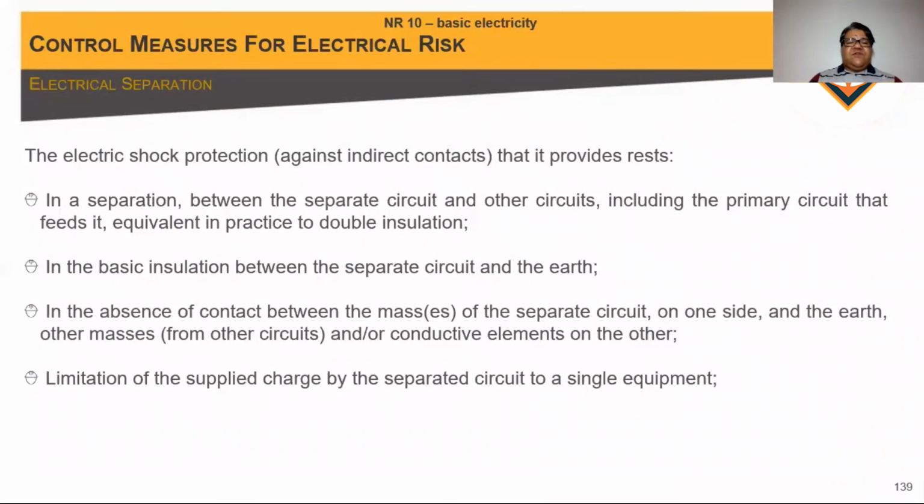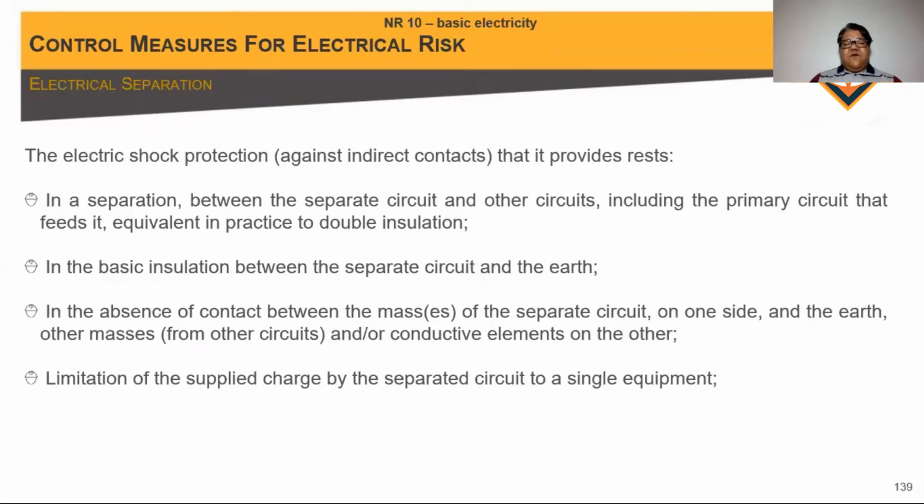The electric shock protection against indirect contacts that it provides rests in a separation between the separate circuit and other circuits, including the primary circuit that feeds it, equivalent in practice to double isolation. In the basic isolation between the separate circuit and the ground.